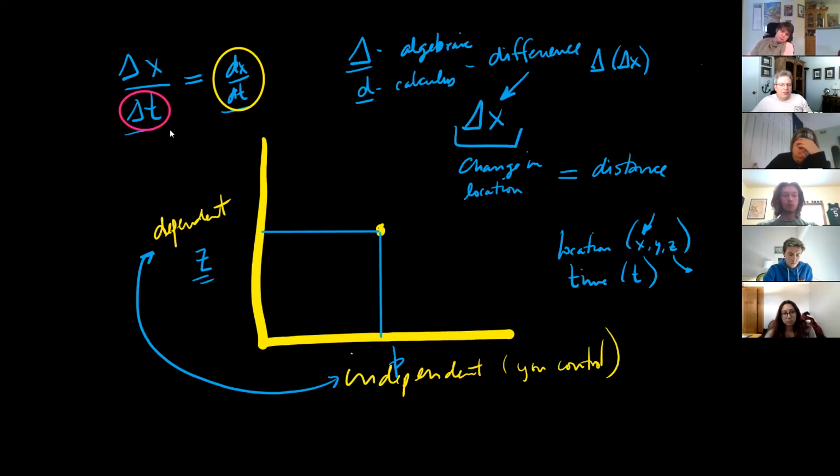Now, the thing that I want to talk about really quickly is this. What did you say this was in the pink? A change in time. What does that mean to be a change in time? What's a better word for a change in time? Elapsed time.